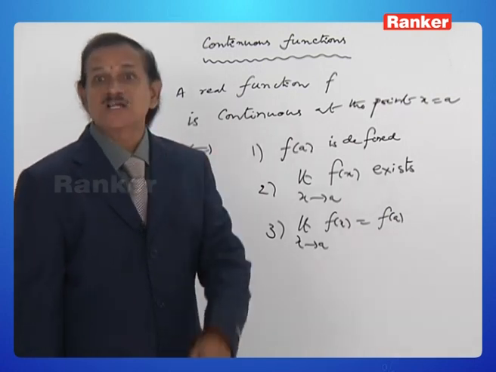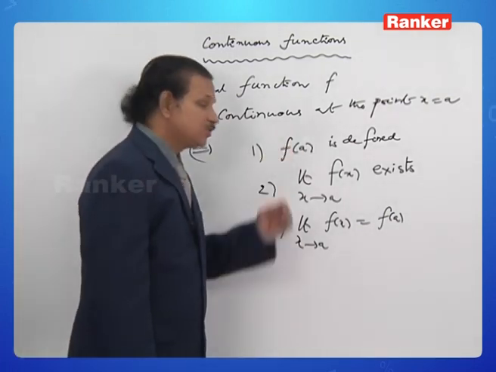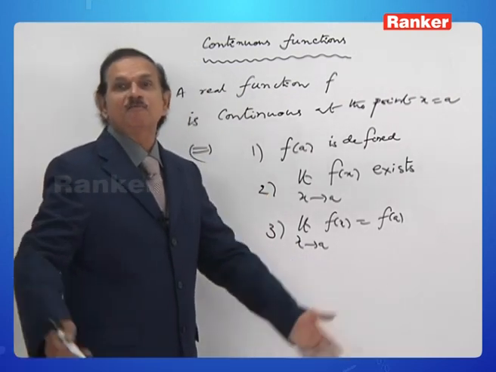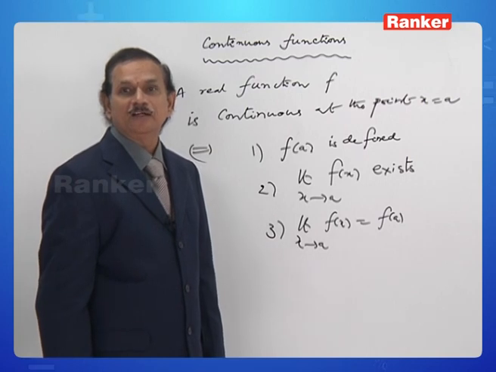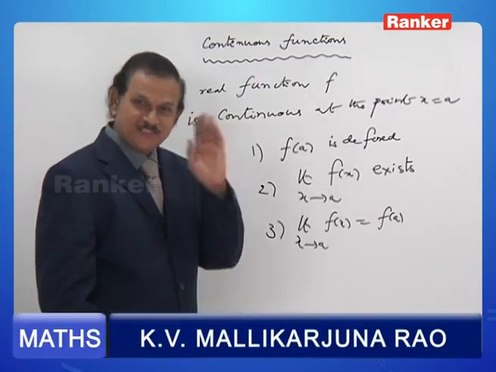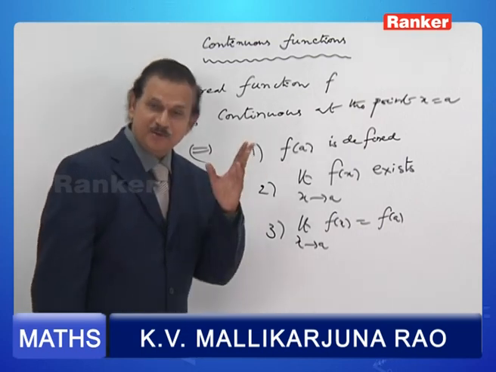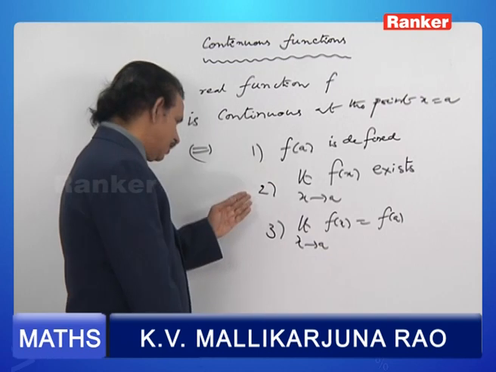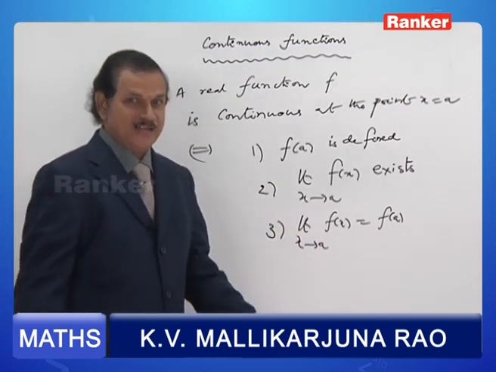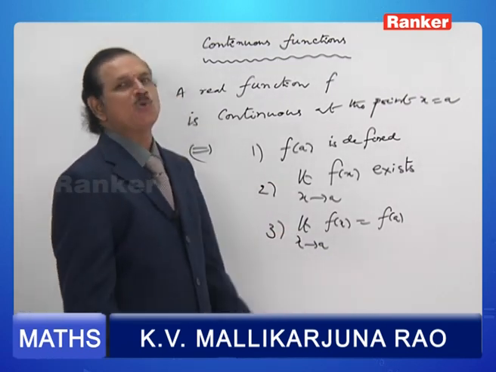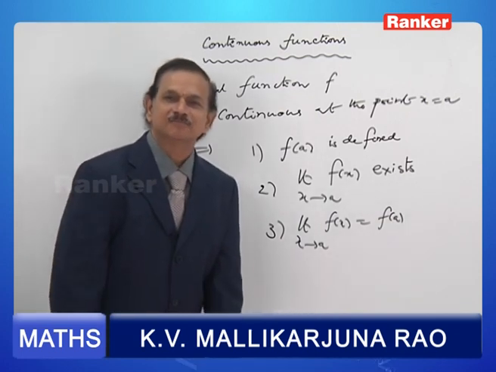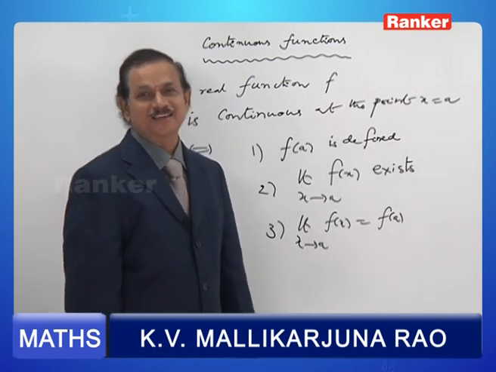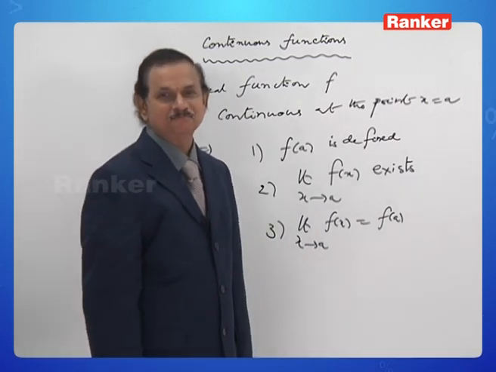There might be some functions for which the first condition is okay, the second condition is also satisfied, but the third condition will not be satisfied. We can compare this with a team in a tournament which is qualified in the quarterfinals, and in the semi-finals also. It has entered the finals, but it loses the match at the finals. Then also it is discontinuous because it has lost the match.